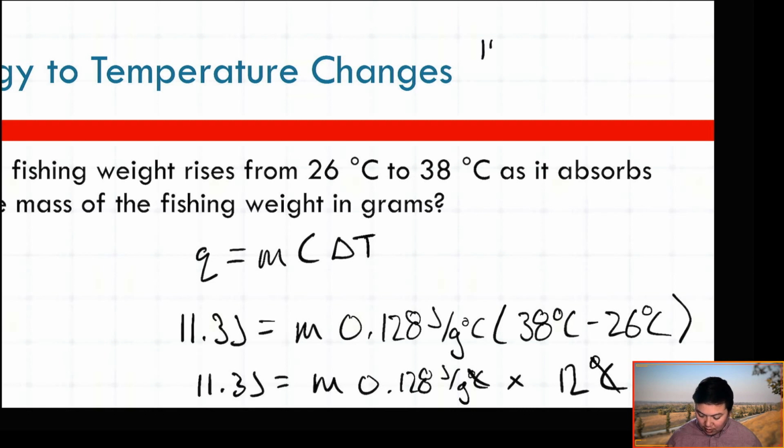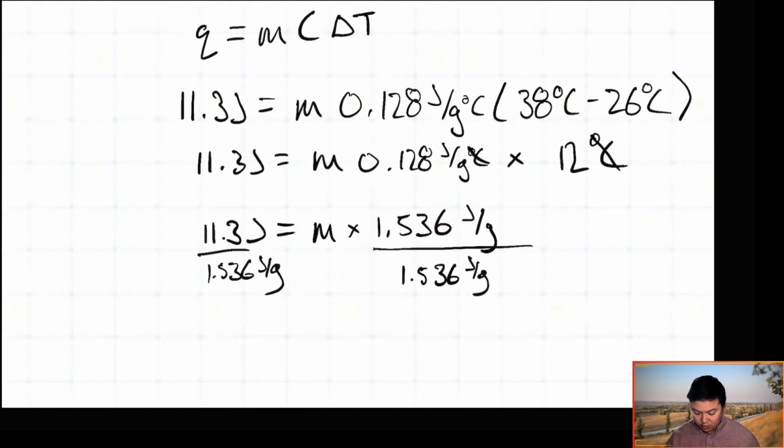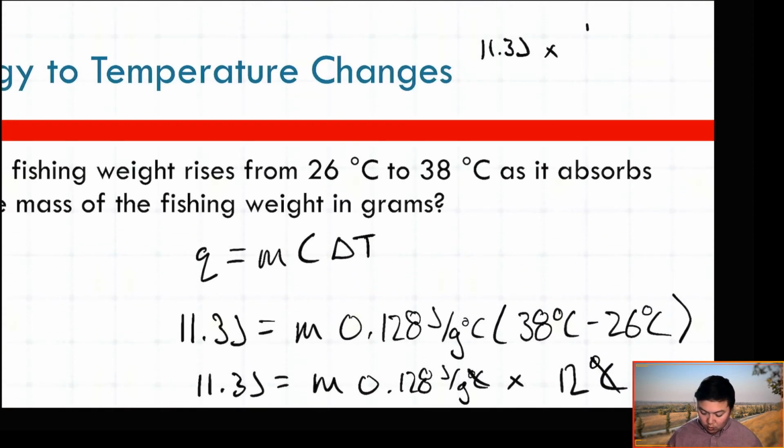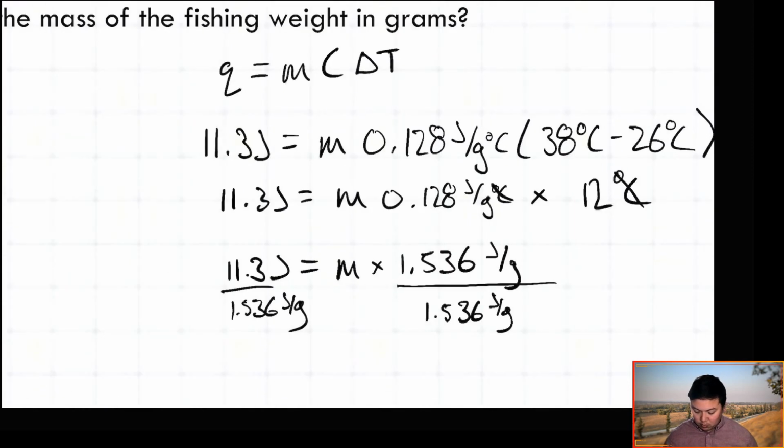If we do 11.3 joules, we can also do, instead of dividing, we could multiply by the inverse. So 1 gram over 1.536 joules, because then our joules cancel and we're left with grams.